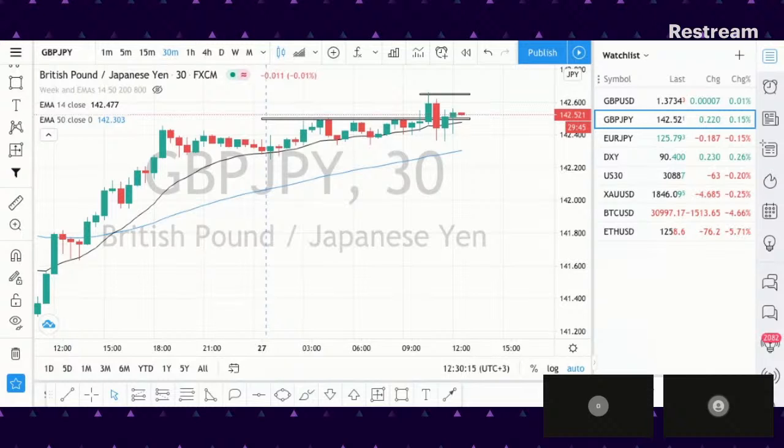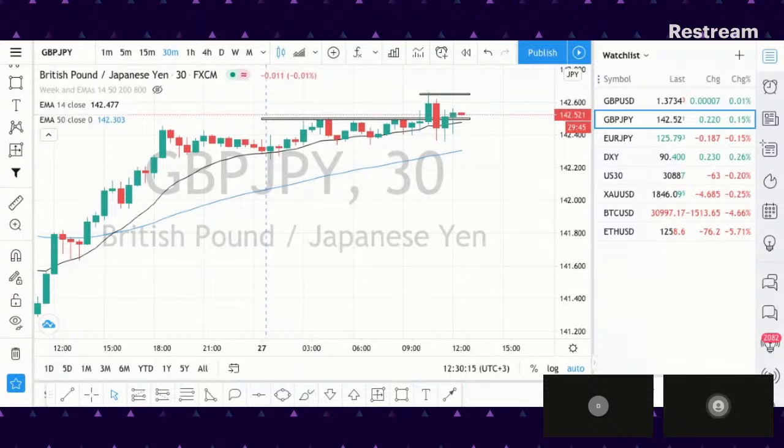The major pairs include the major global currencies: the US dollar, the Swiss franc, the euro, the Aus dollar, New Zealand dollar, Japanese yen. The euro is for the eurozone, it's not limited. And then there's the Great British Pound.